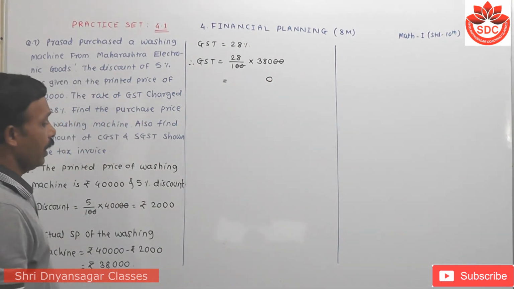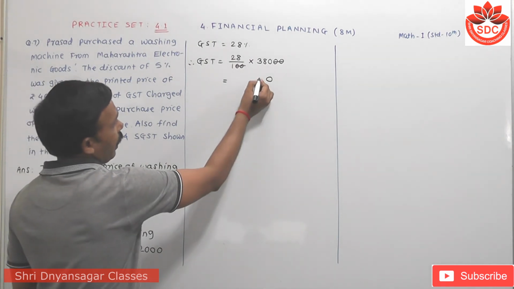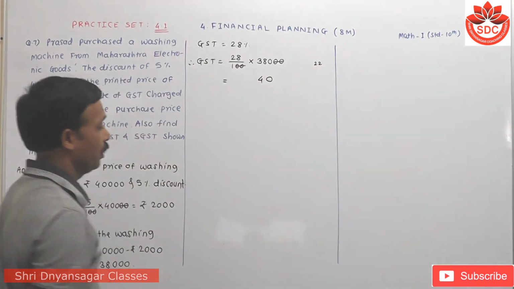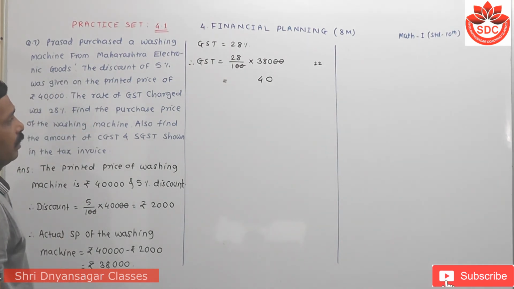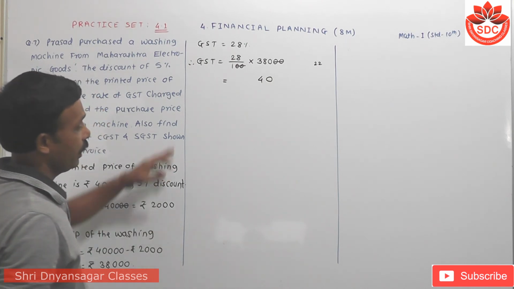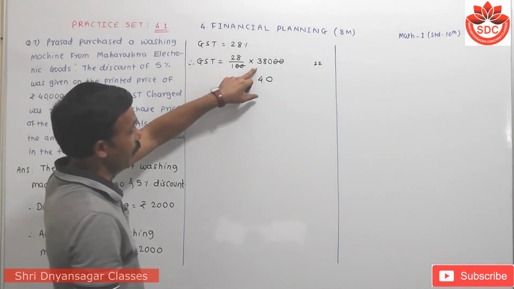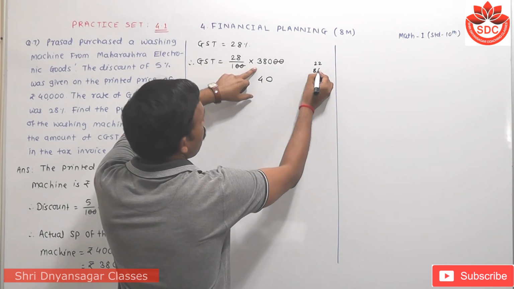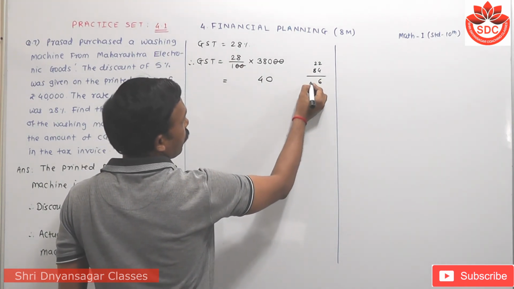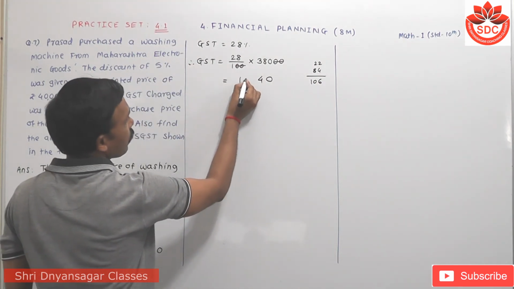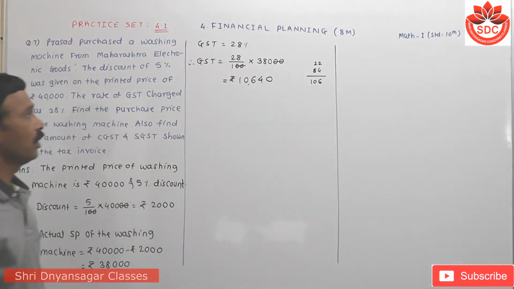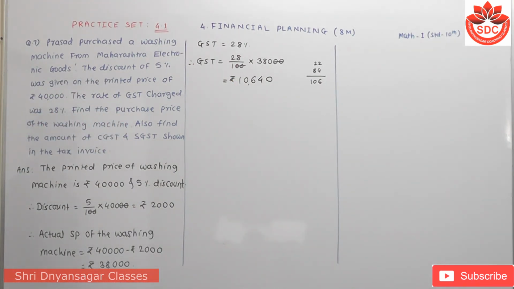Then 28 8s are 224, carries 22 here. Then 28 3s are 84 plus this 22 carries 6, then 10, means that 10,640 rupees is the total GST amount here.